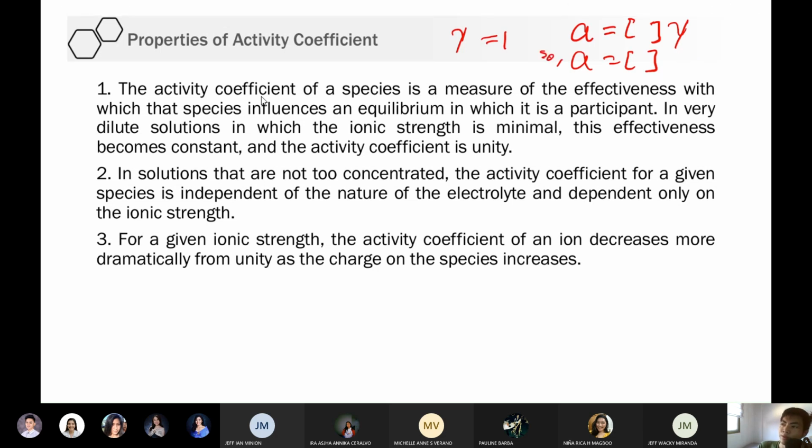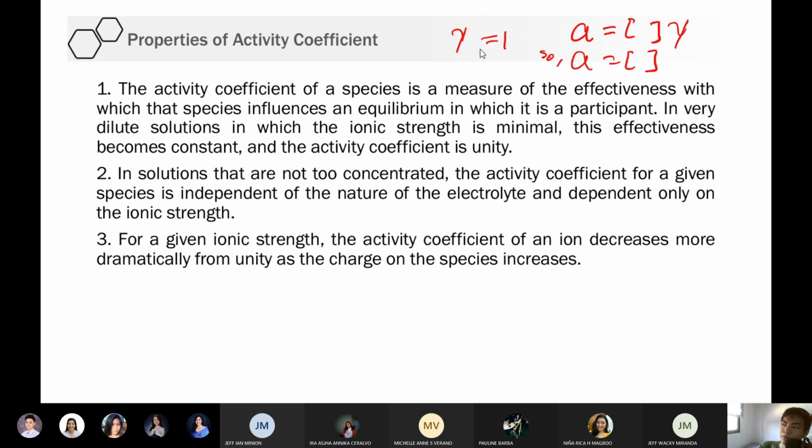Okay, so the activity coefficient will tell you the effectiveness of your species. And when you have dilute solutions, the coefficient is unity, or equal to 1. Because if you add diverse ions, remember that the ionic atmosphere changes. That means gamma will decrease now.